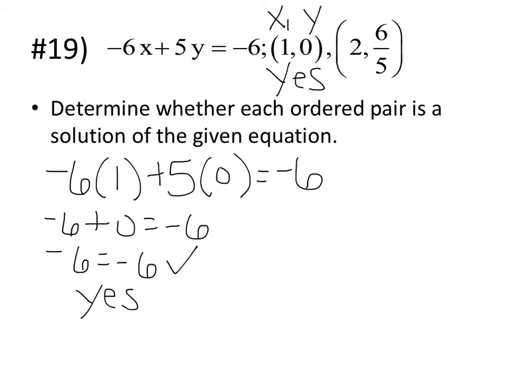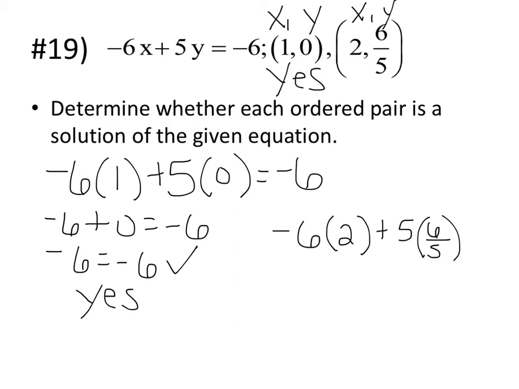Okay. So now let's try 2 and 6/5. So everywhere there's a x, we're going to put a 2. Everywhere there's a y, we're going to put 6/5. So I have negative 6 times 2 plus 5 times 6/5 is equal to negative 6.